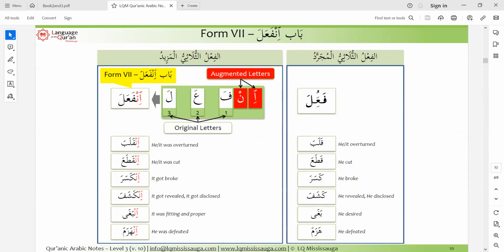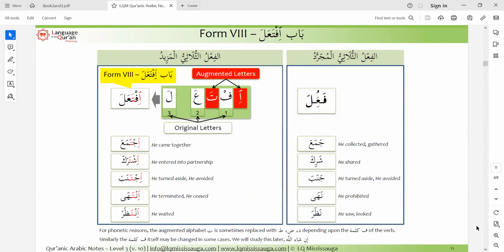Okay, next we move on to Bab Ifta'ala, Ifta'ala yafta'ilu. What we are doing here is we had fa kalima, ain kalima, and lam kalima.